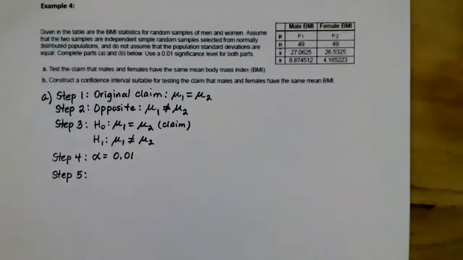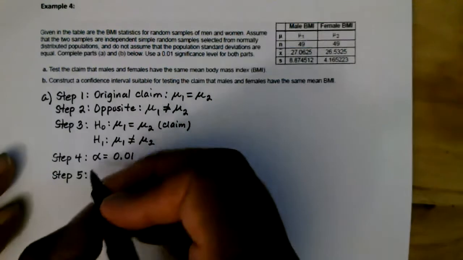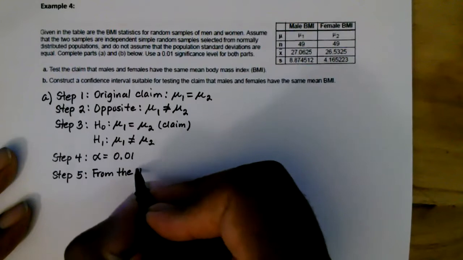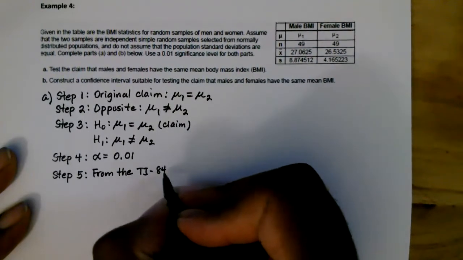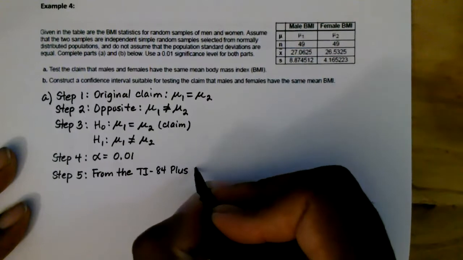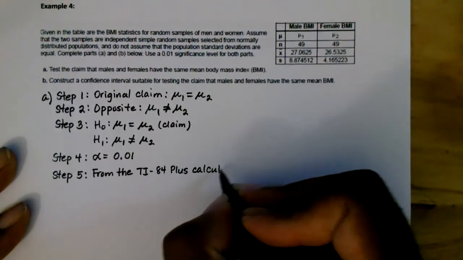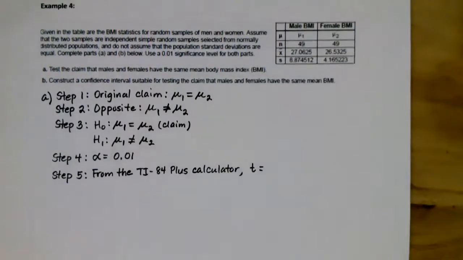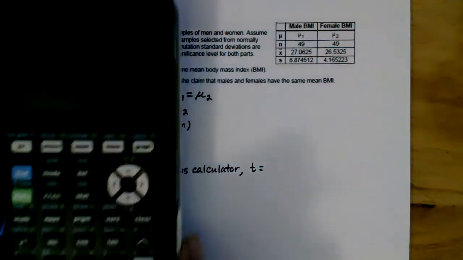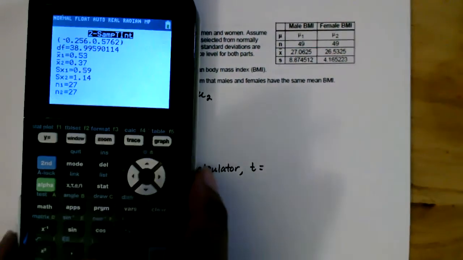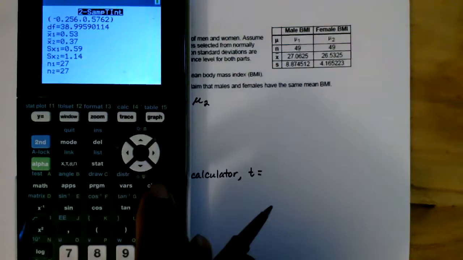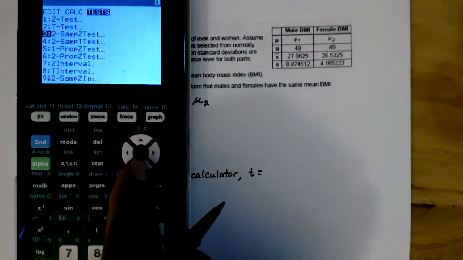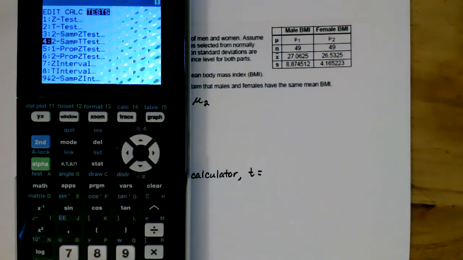Then step number 5 is calculating the test statistic using our TI-84 Plus calculator. So here, we're looking for the t-test statistic with this calculator. Clear this out, press the stat key, go over to test, and we're doing a 2-samp t-test.